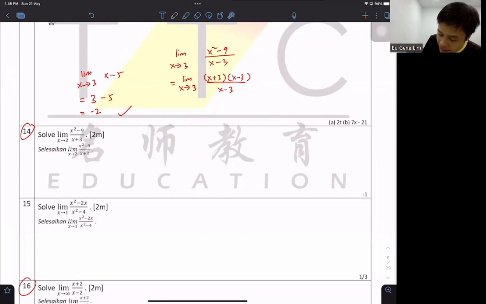Then x minus 3 and x minus 3 you can cut. Simplify, cut, so it becomes only x plus 3. Then only you sub. So 3 plus 3, which is 6.